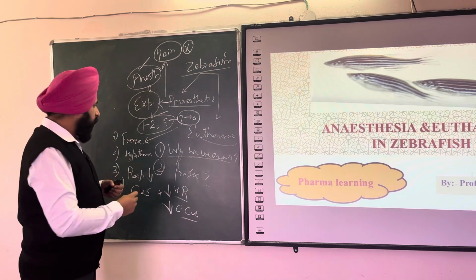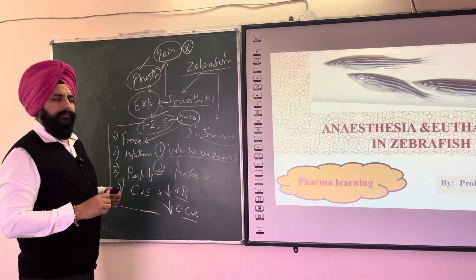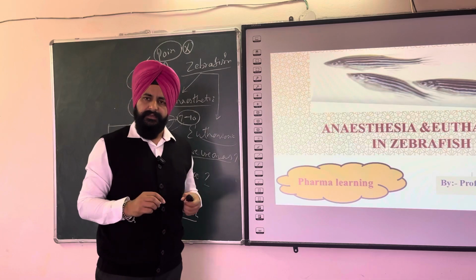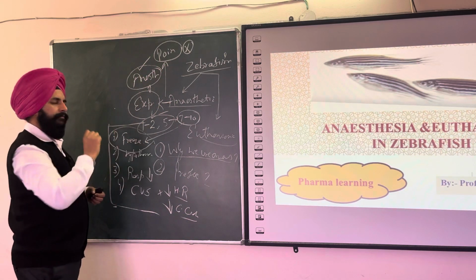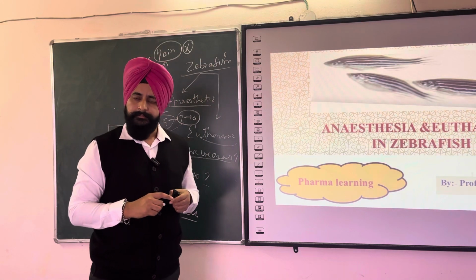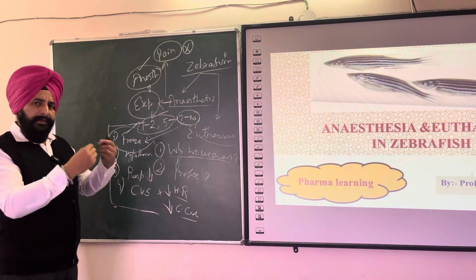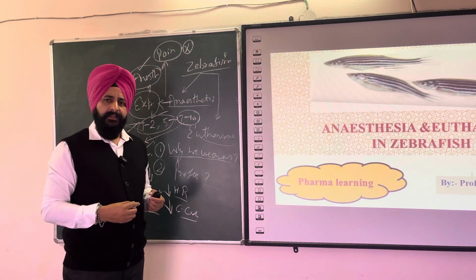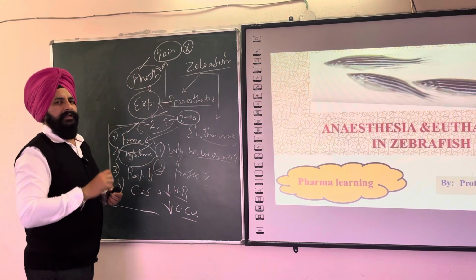Now, whenever you use any kind of anesthetic in the zebrafish, if you freeze your fish for a long time, what will happen? The chances of death are higher. The reason is, if you freeze it using some specific technique, the fish will undergo hypothermia.